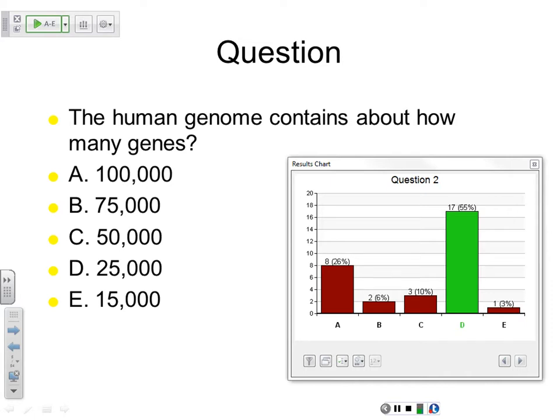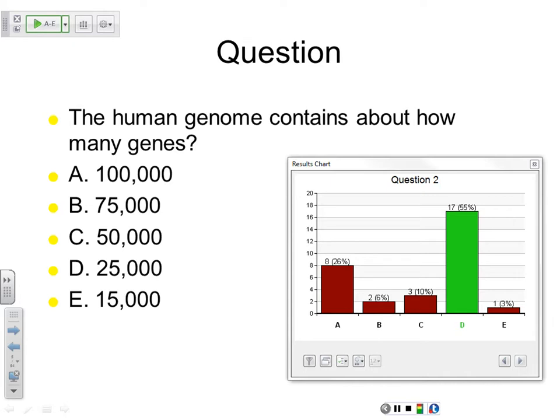And this is actually a quarter of what they thought. They thought it was 4 times that. And also, we have only 1.5 times more genes than a fruit fly. So that's something.